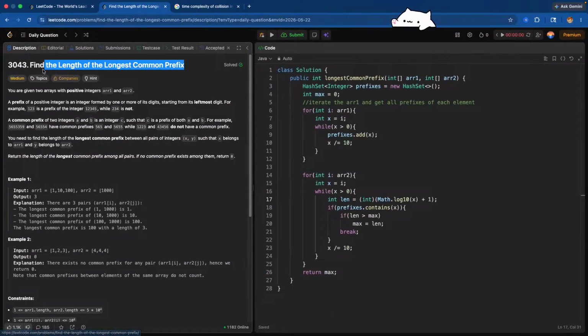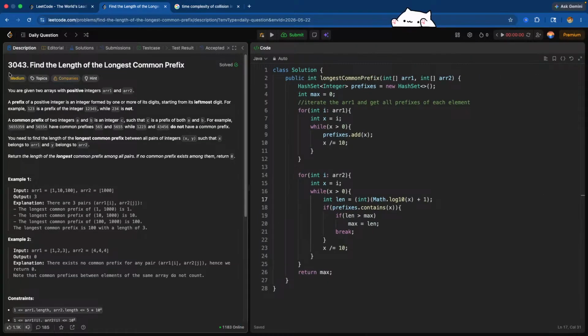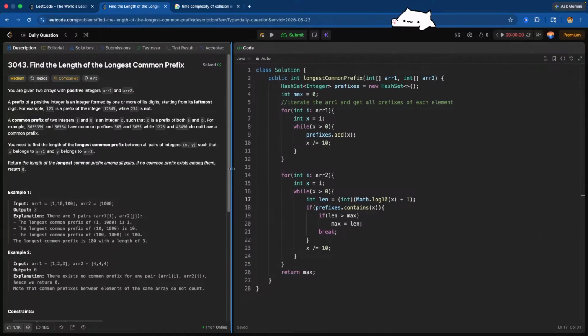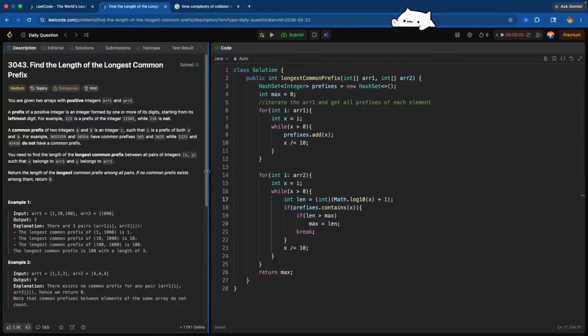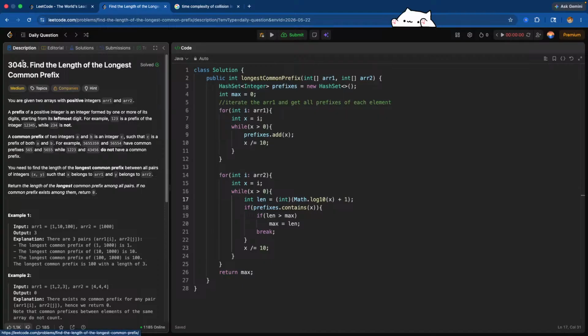Okay, the question says find the length of the longest common prefix. You're given two arrays of positive integers, arr1 and arr2. So today we're going to be solving this question, 3043: Find the Length of the Longest Common Prefix.